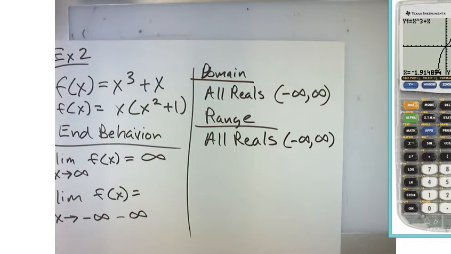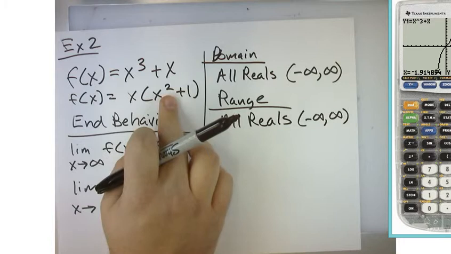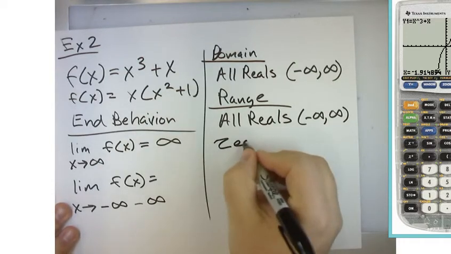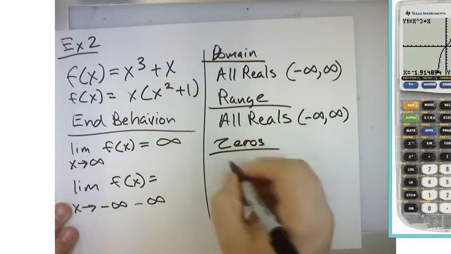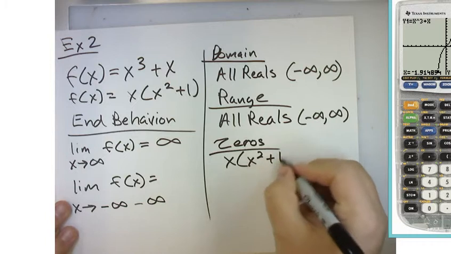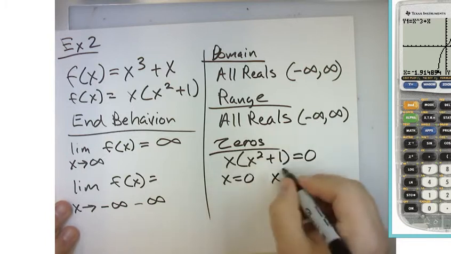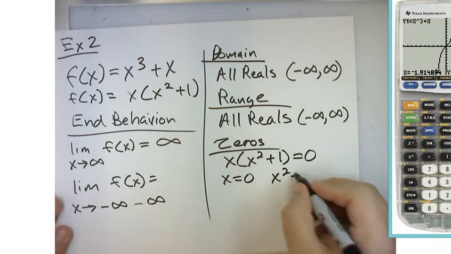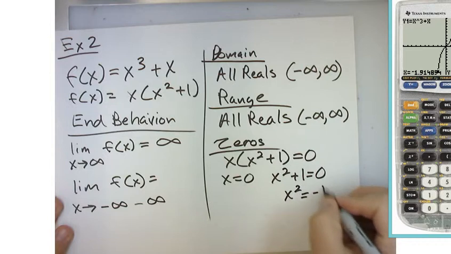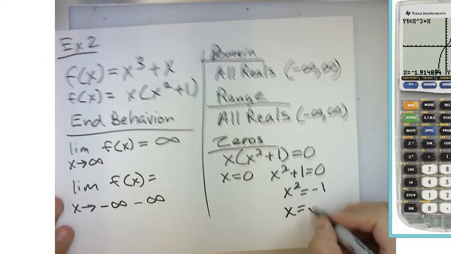So then let's talk about this. There's no extrema. These are the factors. If I set those equal to 0, what do I get? If I say x times x squared plus 1 equals 0, then x equals 0, and x squared plus 1 equals 0, and then I get x squared equals negative 1, or x equals the square root of negative 1.